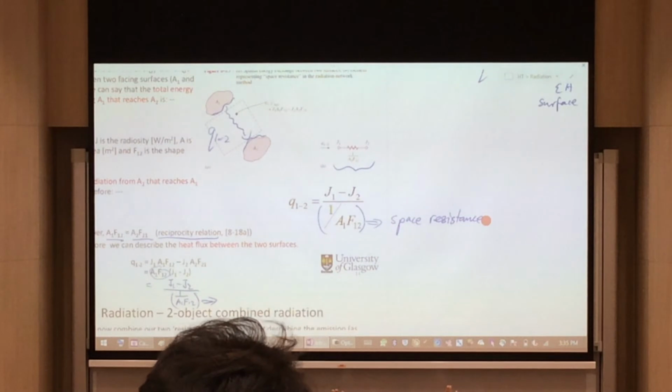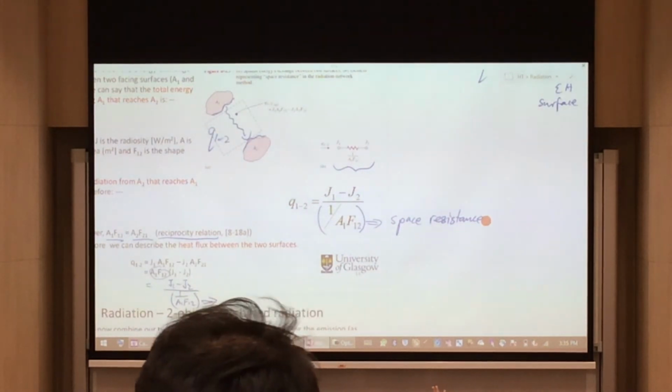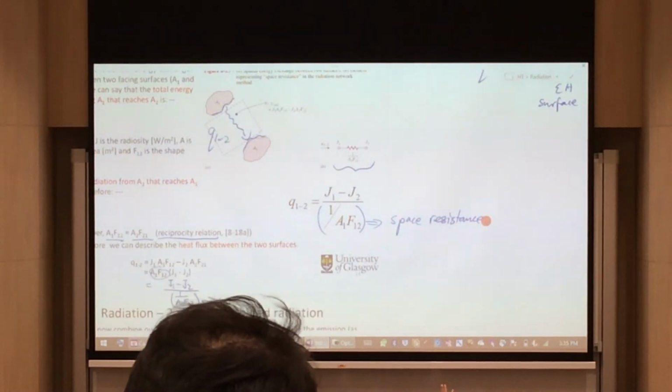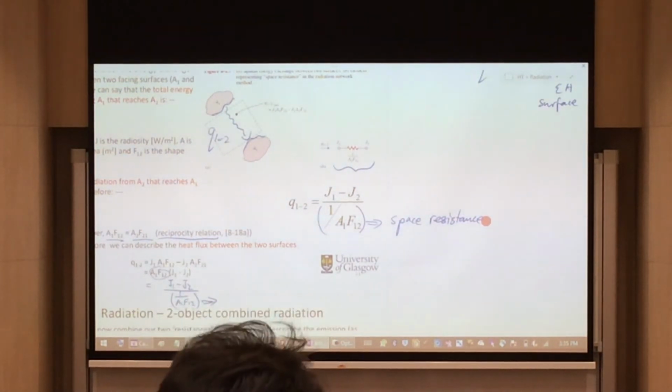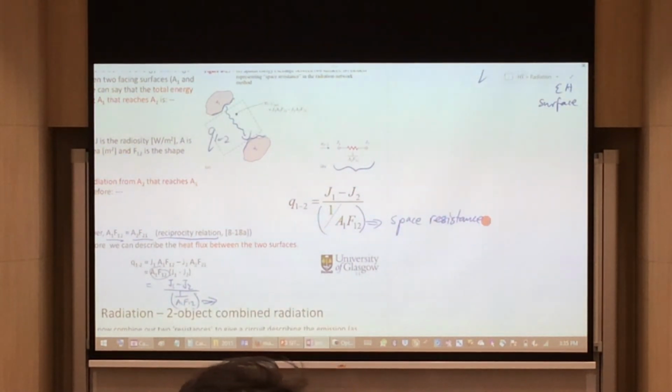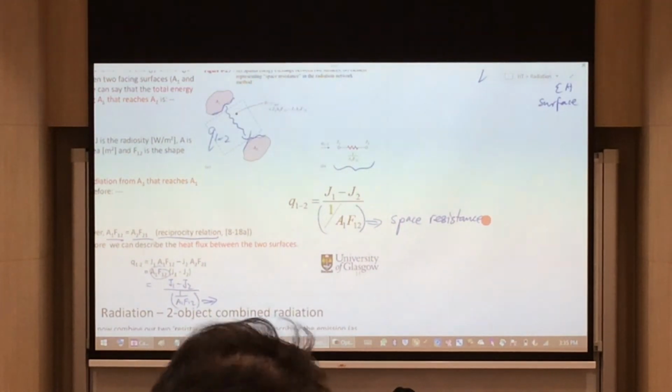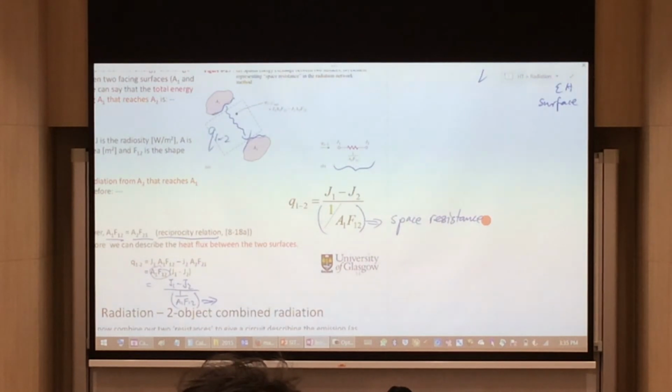There should be 3: surface resistance, space resistance, and then surface resistance. Please remember this one. We'll solve an example so that you could see that. So for any two objects, there will be 3 resistances: surface, space, and surface resistance.